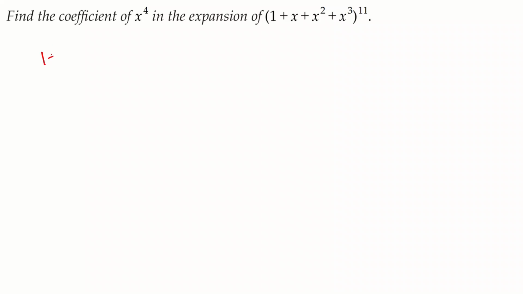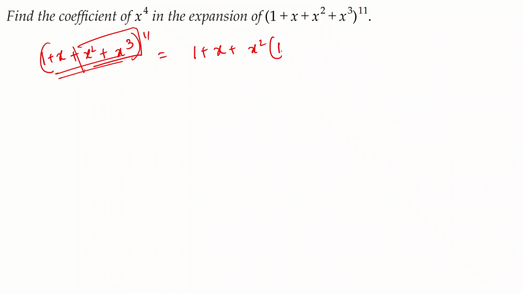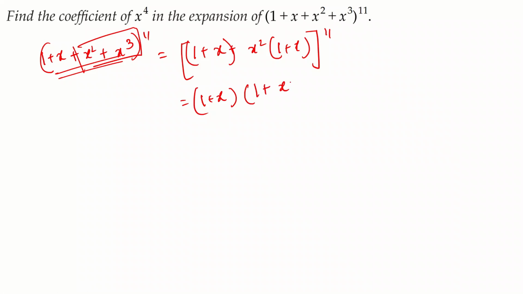So what I do is, first I write down what is given. (1 plus x plus x square plus x cube) whole to the power of 11 is equal to, I factorize the inside part. 1 plus x plus, I can take x square common in these 2 terms, so x square common, (1 plus x), and then whole to the power of 11, and then (1 plus x) common, and then I'll be having (1 plus x square), this to the power of 11.